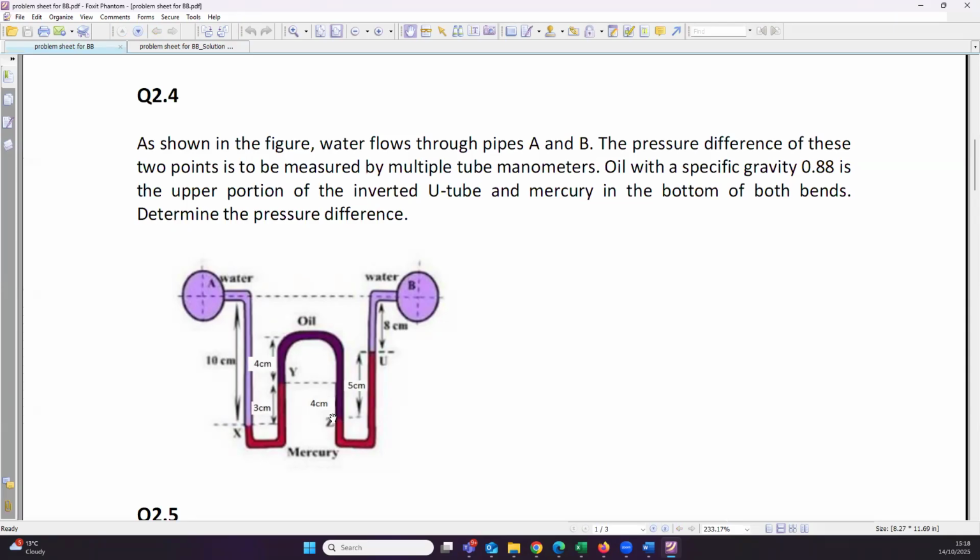Up to this point, the dash is missing. And you use the same method. You know the pressure at this point, and then you add to it the pressure at point Y. So the pressure at point Z will be PY, that is the pressure at this point, plus the pressure due to this small height of 4 centimeter.